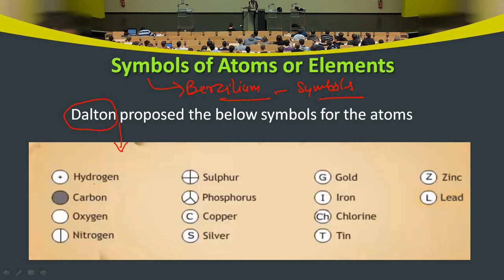For example, he gave hydrogen like this, carbon like this, oxygen this, phosphorus like this, copper like this, and this is the very initial stage. By doing so, the concept of symbols of elements or atoms started.